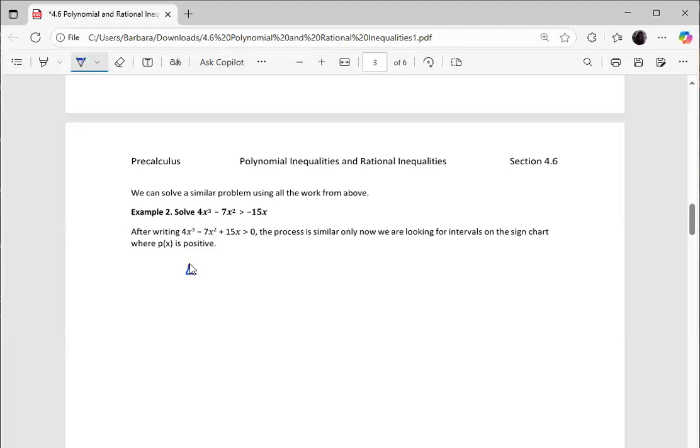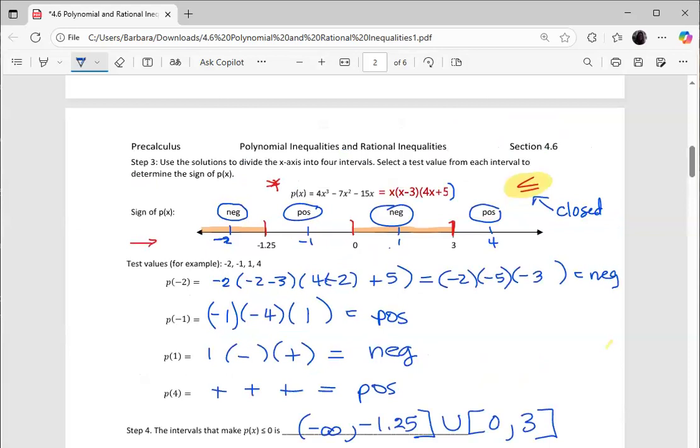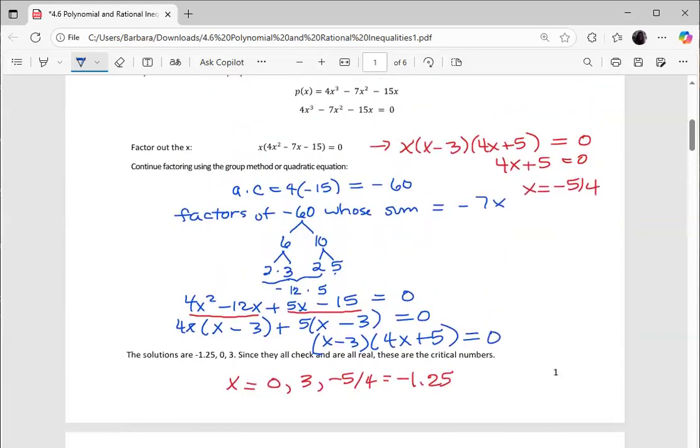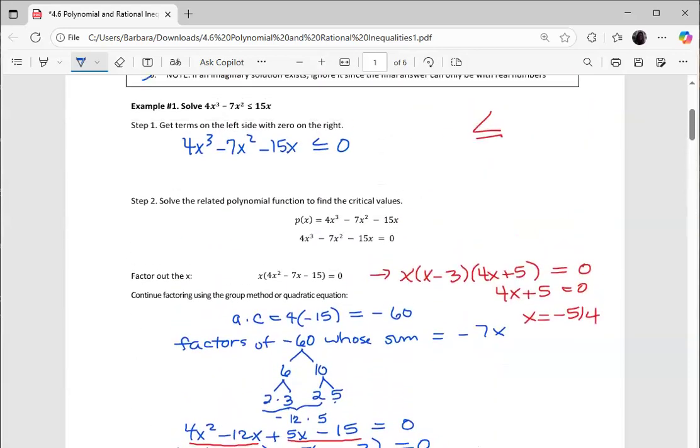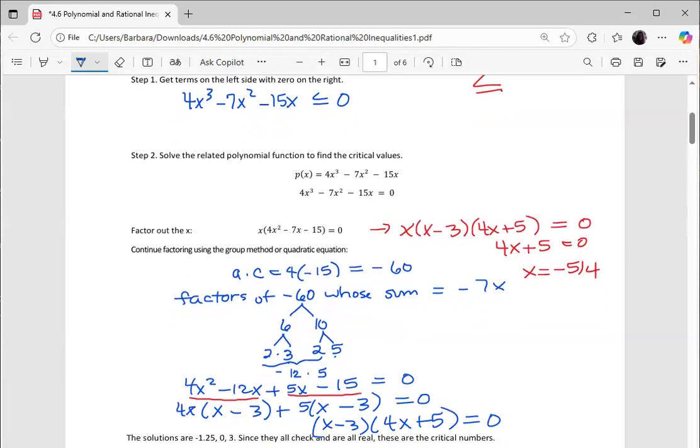We have 4x to the third minus 7x squared plus 15x is greater than 0. And this is the exact same polynomial that we had up here. And so we already know what the factors are.